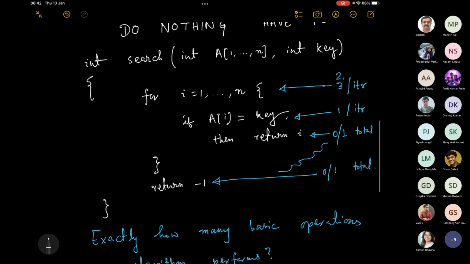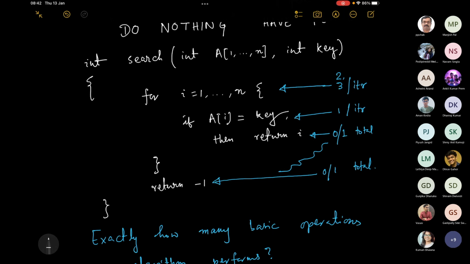If the key is present in A at index 1, then the minimal number of steps is required. If the key is not present, then many more steps will be required. So again, we are in conflict with our goal. What was our initial motivation? We want to compare two algorithms.